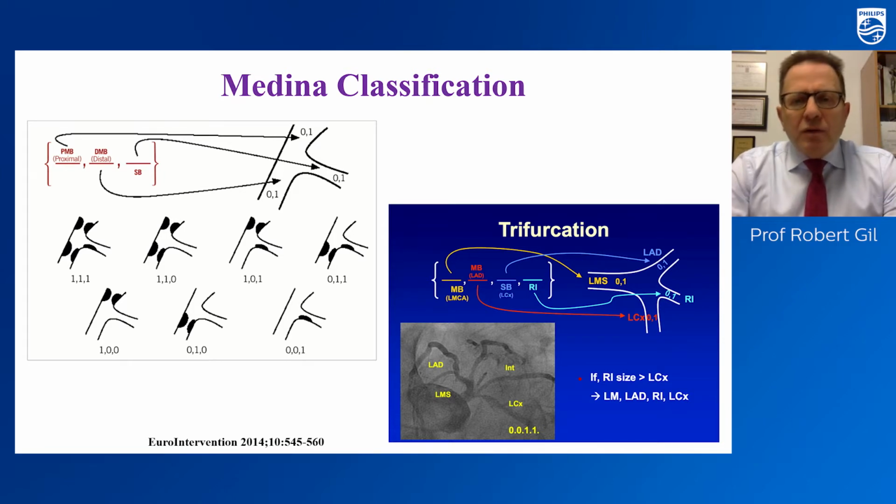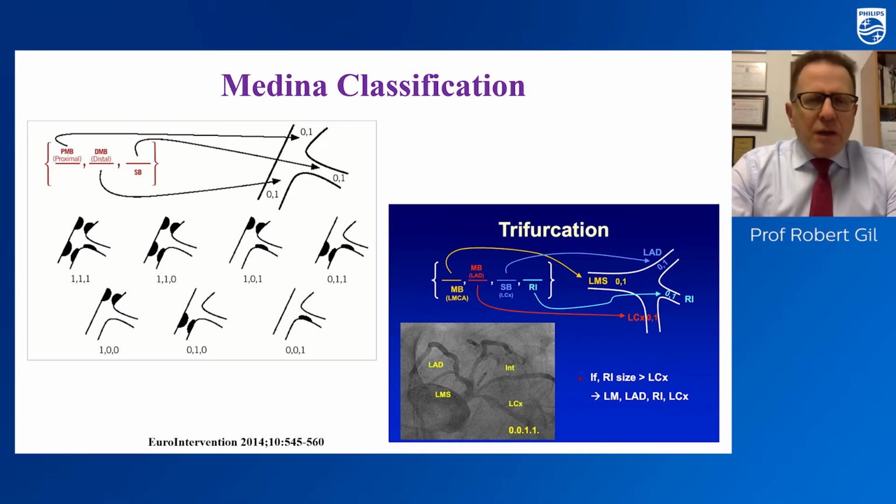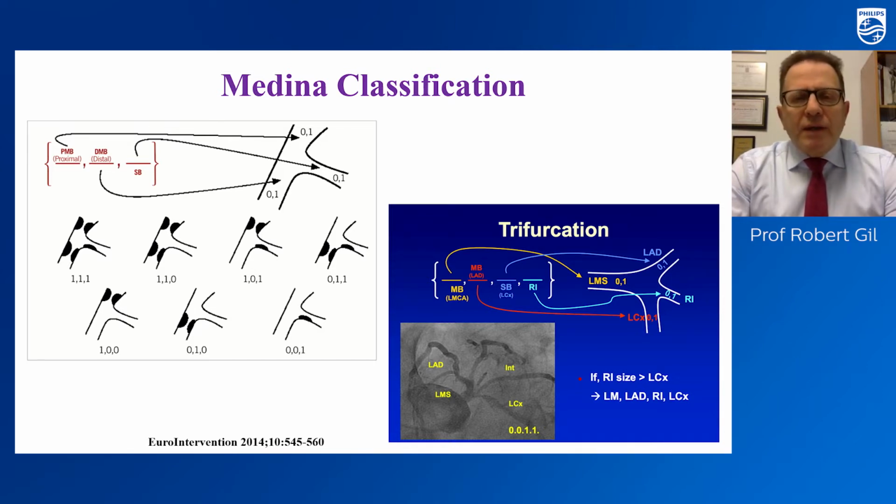There were a lot of classifications trying to describe coronary bifurcations. But it is the merit of Dr. Medina from Spain. His classification is relatively simple and quite understandable for everybody. As you see here, we should use three digits.